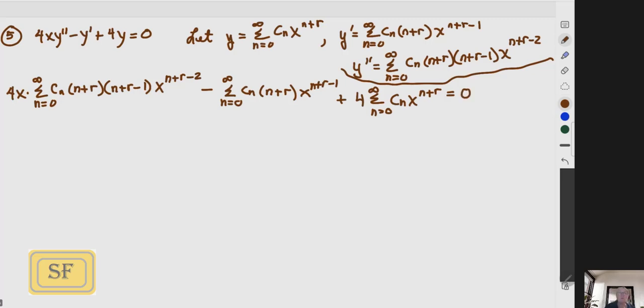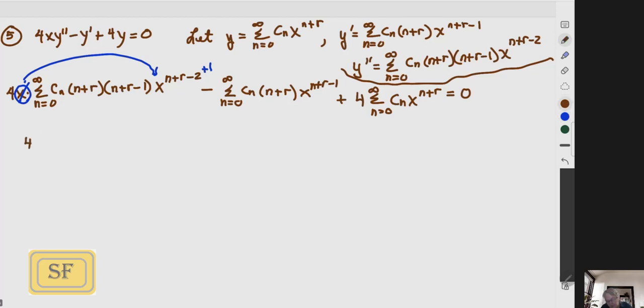We have the same rules for combining summations that we did before. If you have any x's outside of the summation, those x's come in and they get combined with the x that you have inside the summation. So in that first term, I'm going to take away this x outside and then increase that power of x by 1.